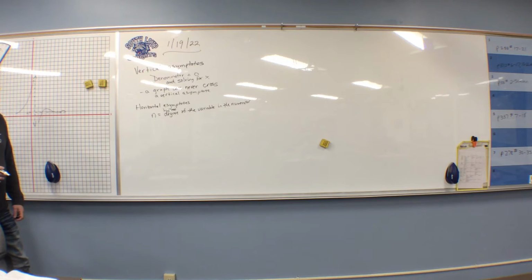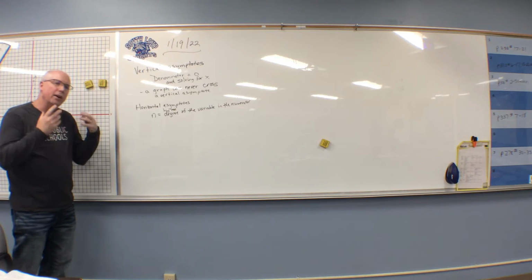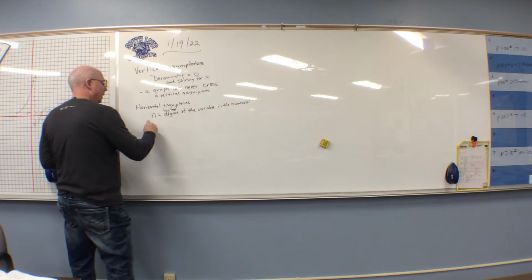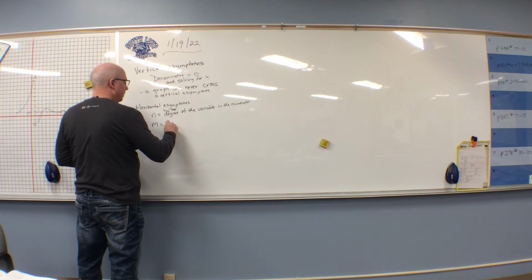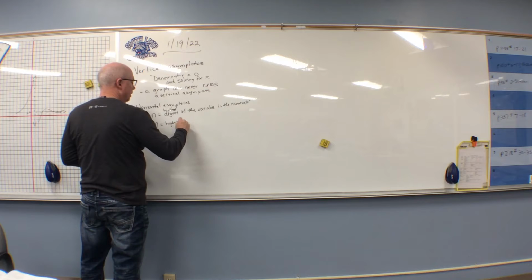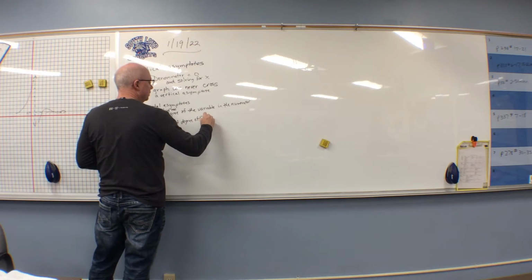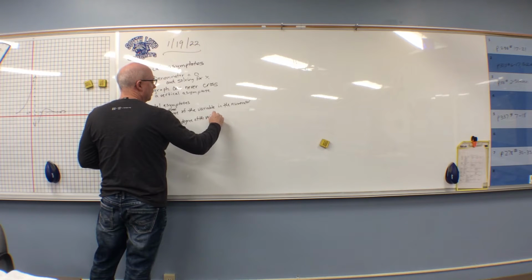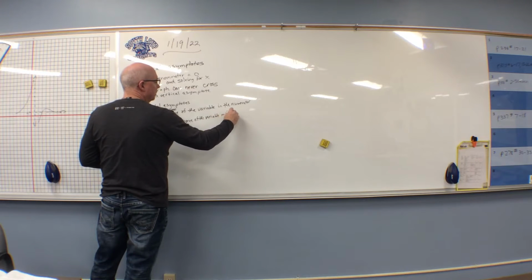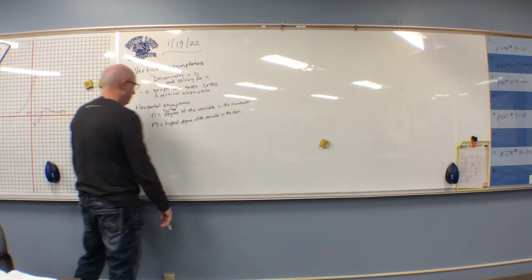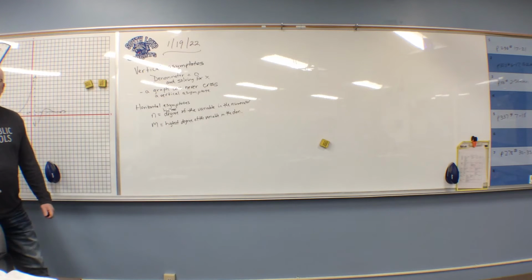You understand that? So if you've got more than one degree or exponent in the numerator, you find the highest one. And let m be the highest degree of the variable in the denominator. I'm defining that.